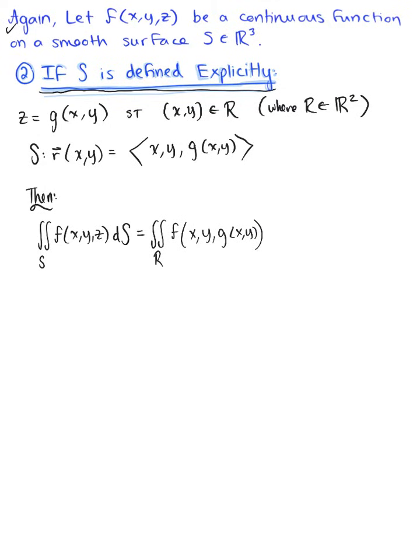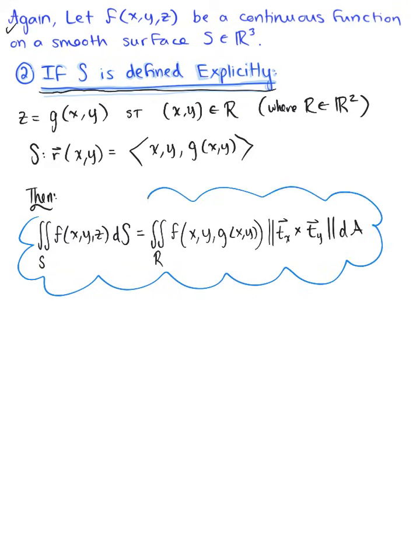And just like we did with the parametrically defined surfaces, we now multiply this function by the magnitude of the cross product of the tangent vectors, but this time we have a tangent vector in the x direction crossed with the tangent vector in the y direction, dA. So this is our scalar surface integral for an explicitly defined surface.